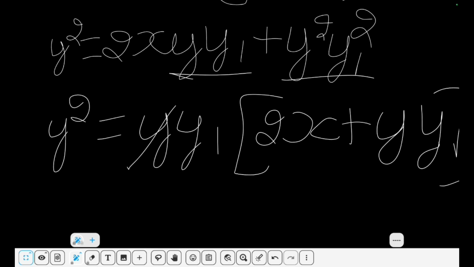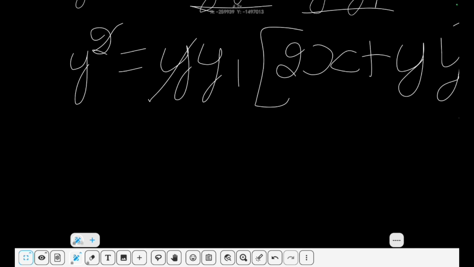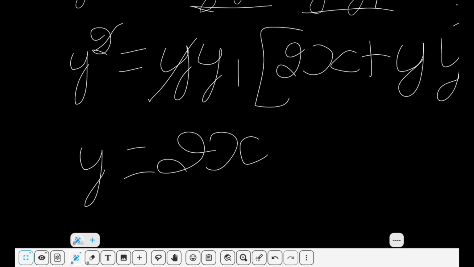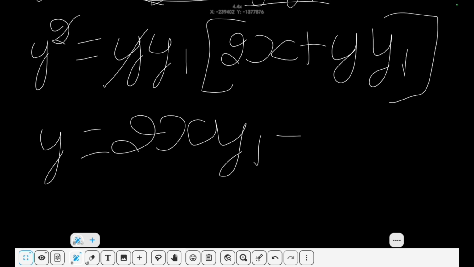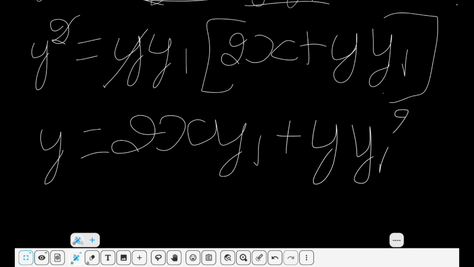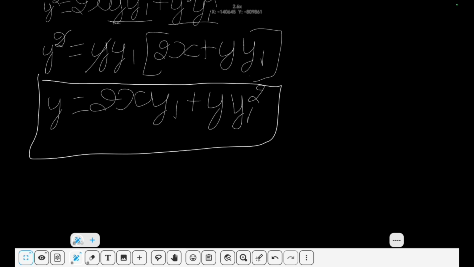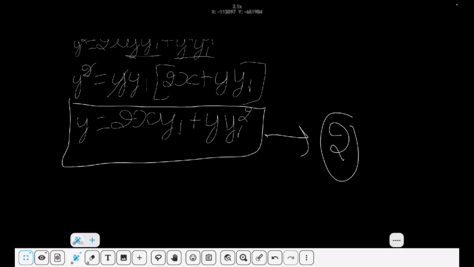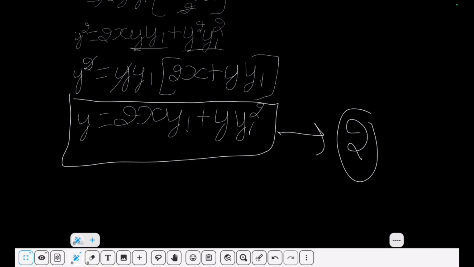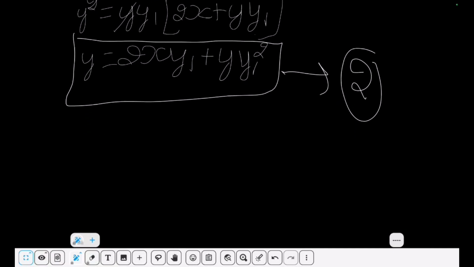Now I can cancel out y and y here. That gives me y equals 2x y1 plus y y1 square. This is the equation I got after substituting the value of a. Let us consider this as equation 2. Equation 1 will be my question itself, question equation.